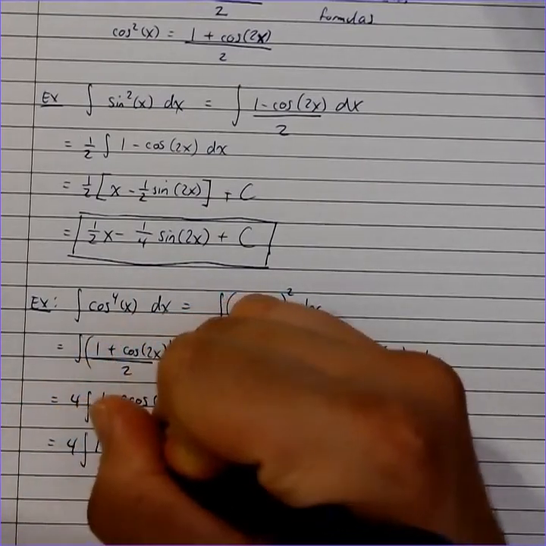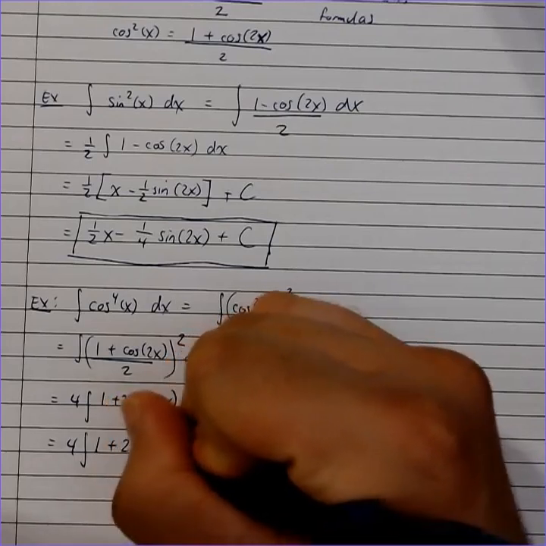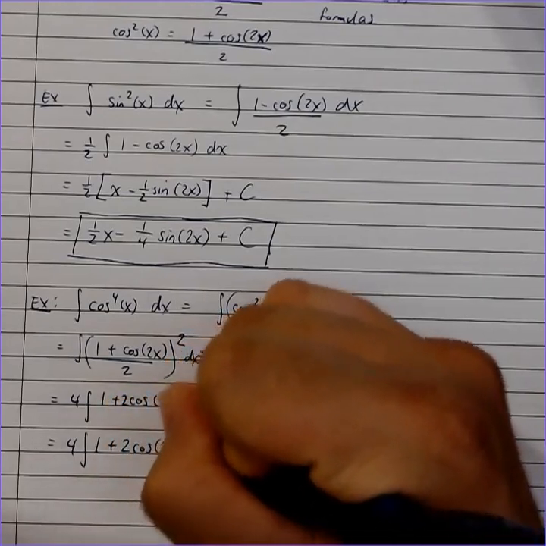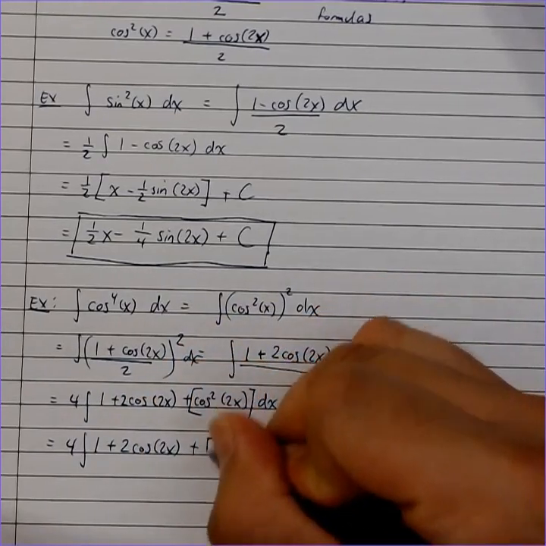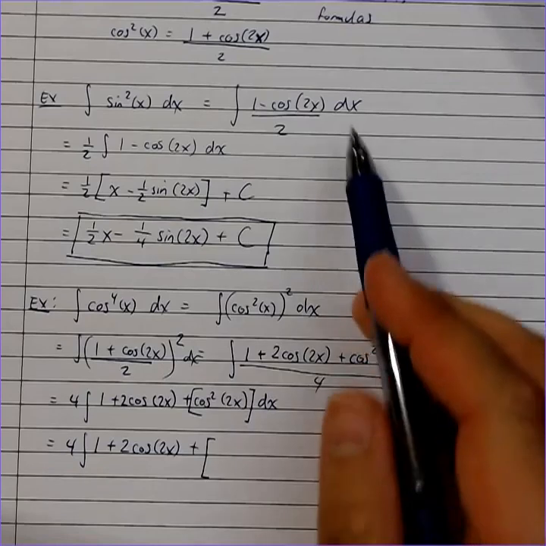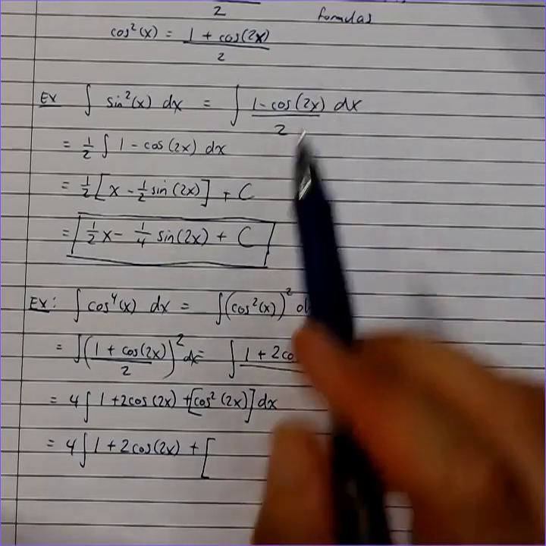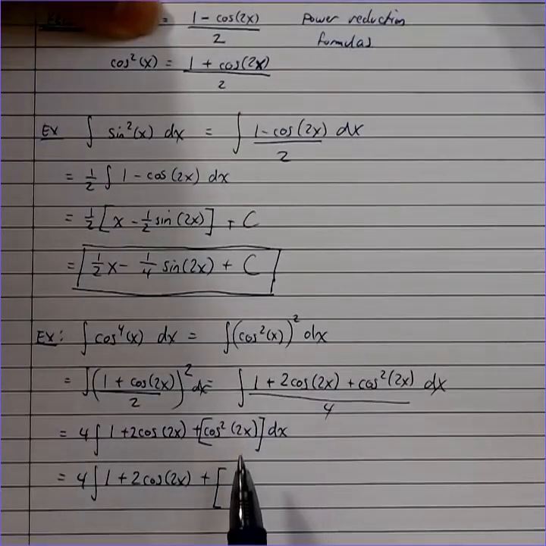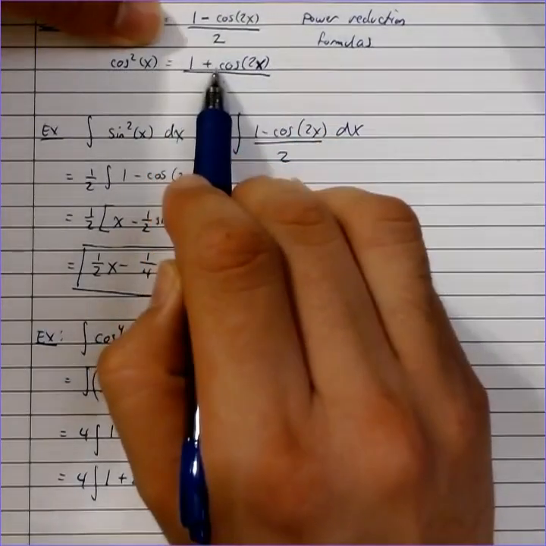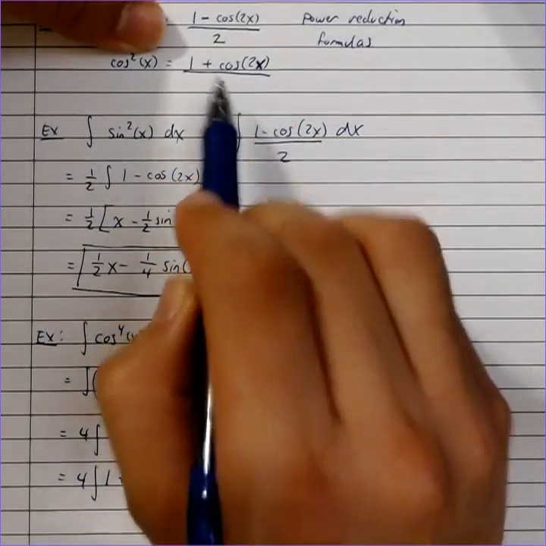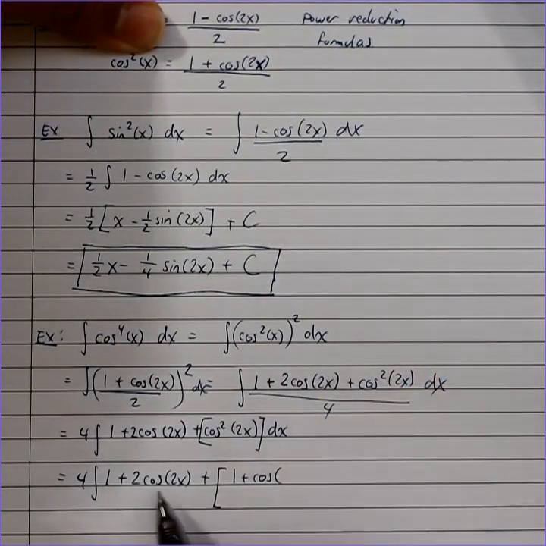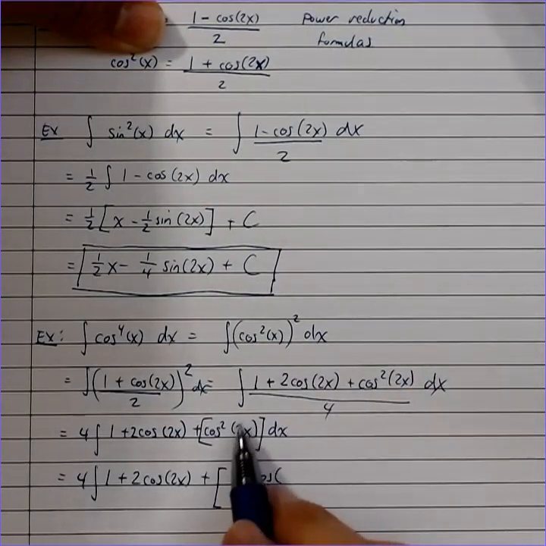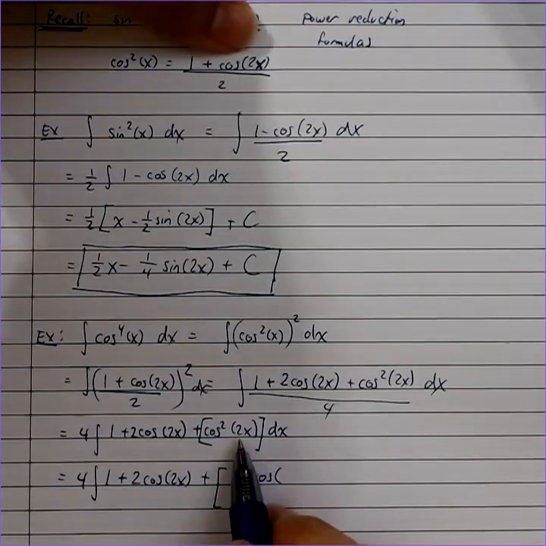That's 1/4 integral of 1 plus 2 cosine of 2x plus, and now this expression here, I'm going to expand using the power reduction formula again. So here, cosine squared of x is equal to 1 plus cosine of double that x over 2. So 1 plus the cosine of double that x. Oh, but notice that x is already doubled. So what happens if something's already doubled and you double it again?